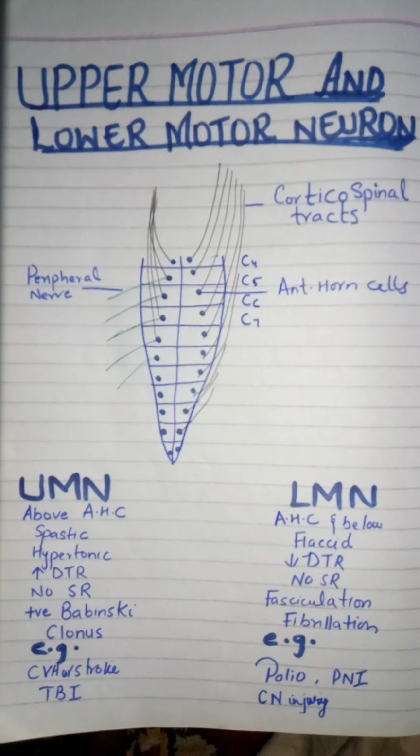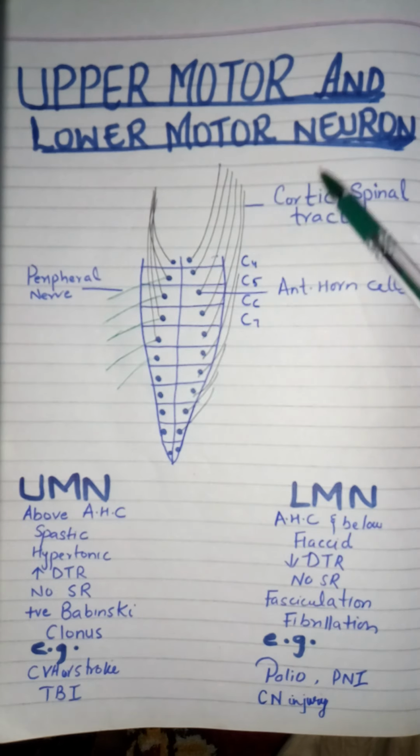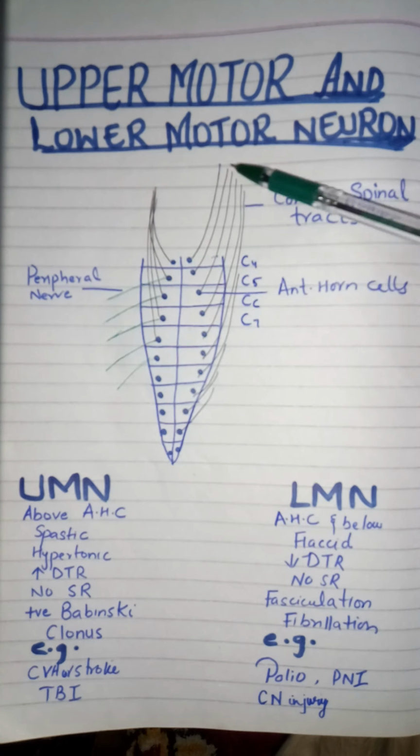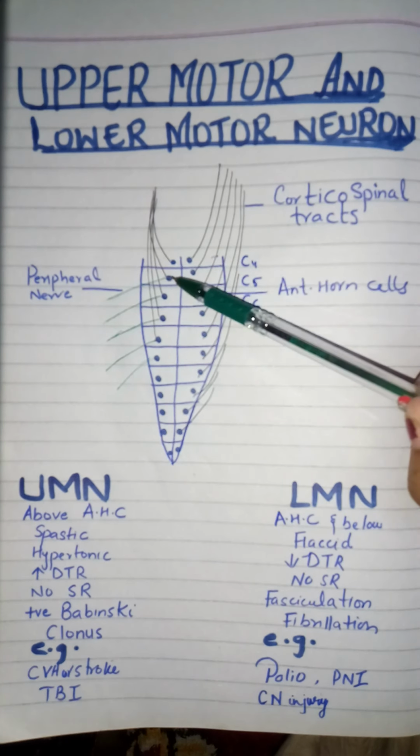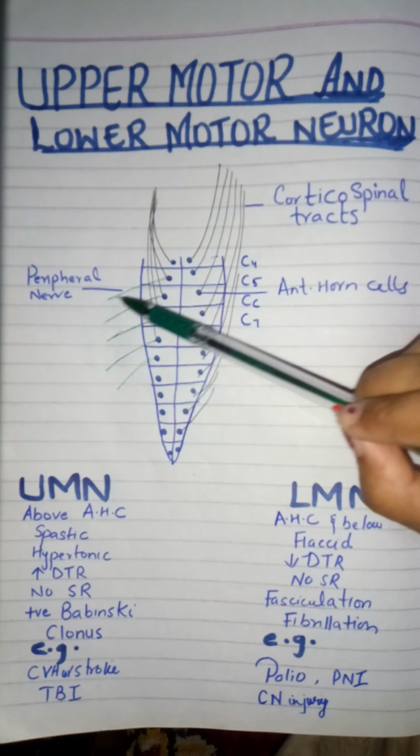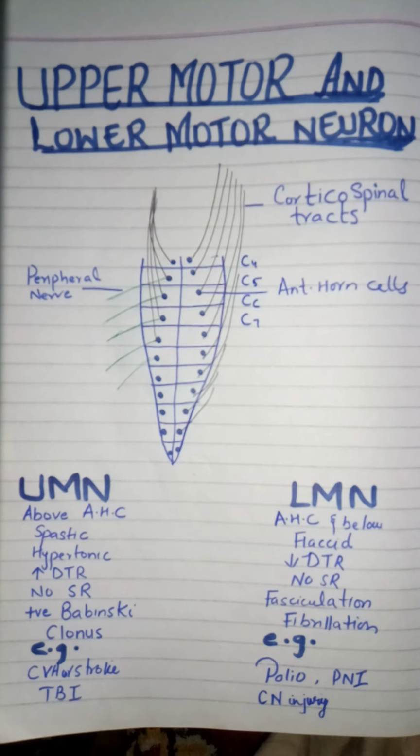Here I've drawn the corticospinal tracts to explain it. As you know, they start somewhere from the cortex and end at the anterior horn cells, and from the anterior horn cells further there are the peripheral nerves that emerge out of the spinal cord.